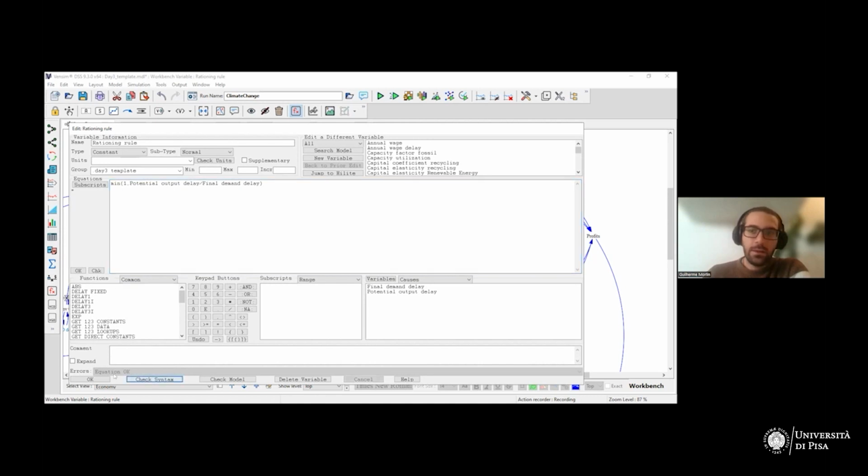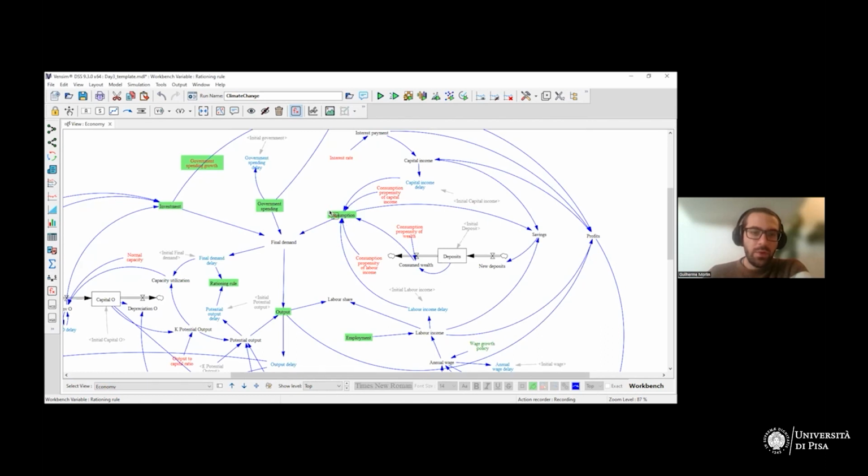All right. And then I'll check the chat, but I don't think it's with me. And then we can multiply the value of this rationing rule in each of the components of demand. So we can link it to investment, government spending, and consumption. As the diagram becomes more and more complex, but this is how it is. I mean, this is a good representation of what happens when you model dynamics.